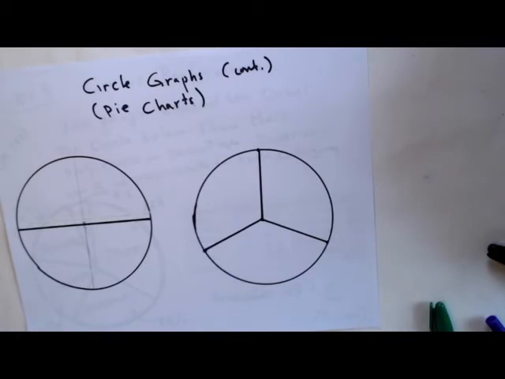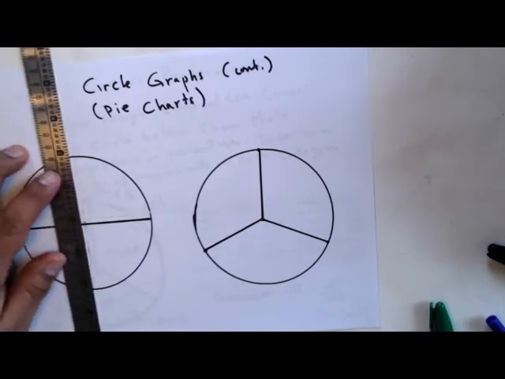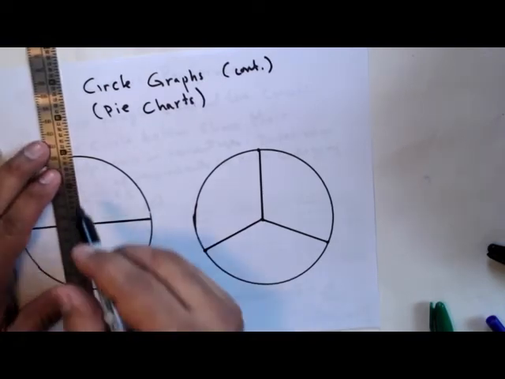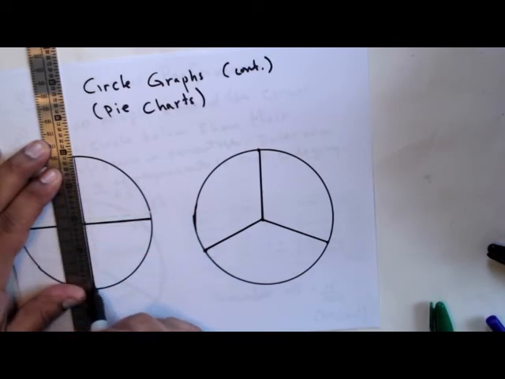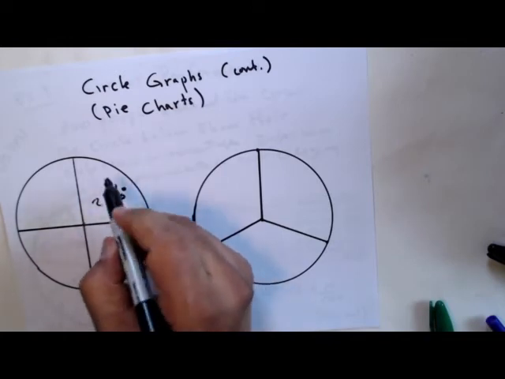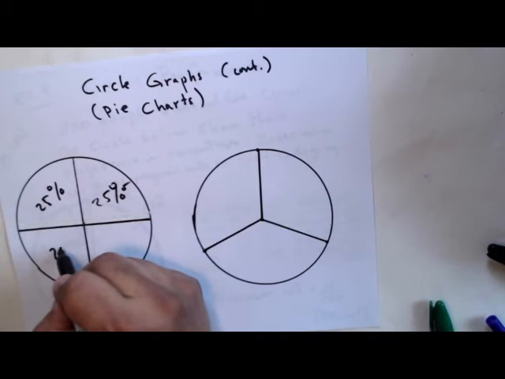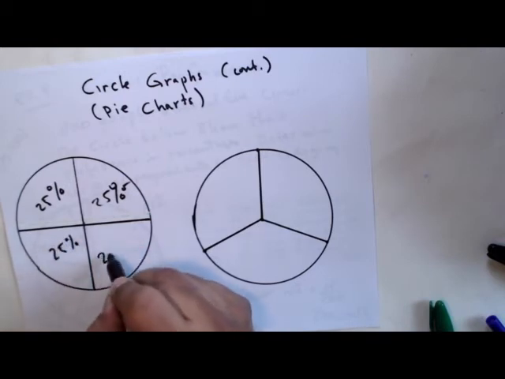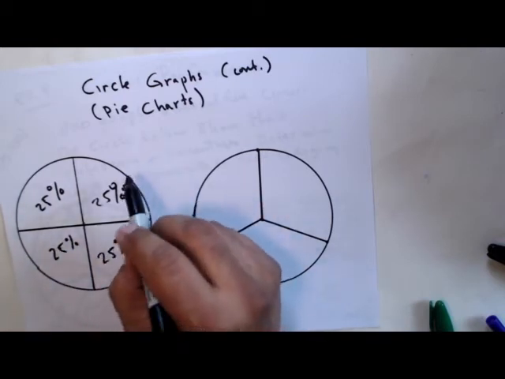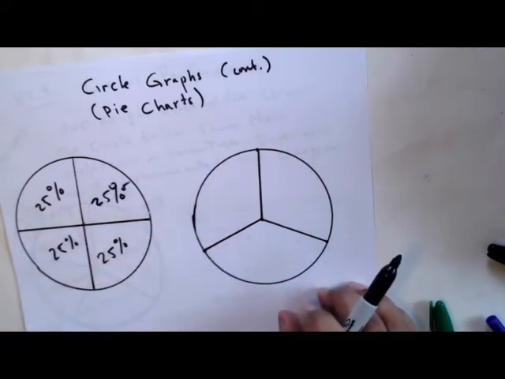Now, if we divide the circle in 4 pieces, then in that case we have 25%, another 25% here, another 25% here, another 25% here. And this is something that we already know.